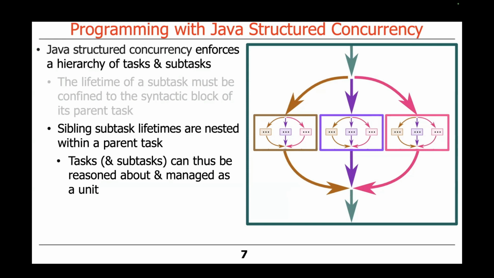And what is nice about this is it allows us to reason about tasks or groups of subtasks and manage them collectively as a unit, which is what you don't get if you just have virtual threads or threads that are spawned in a free threading model where things can outlive their parent scope.